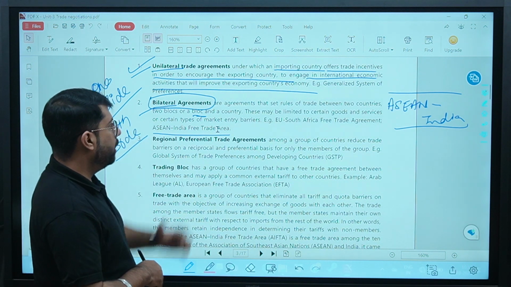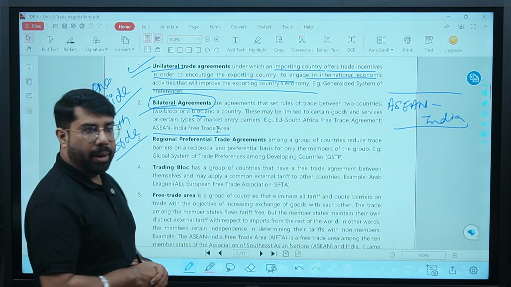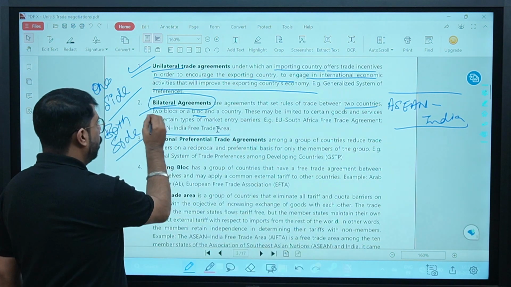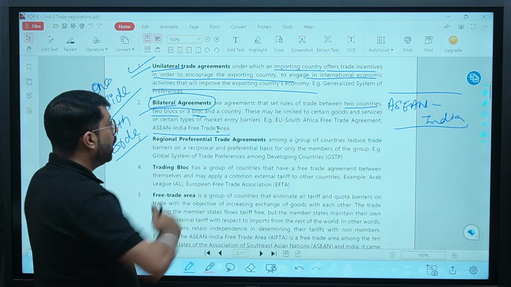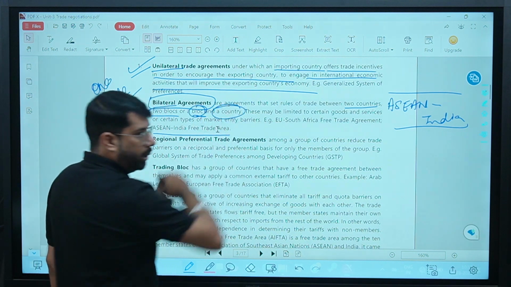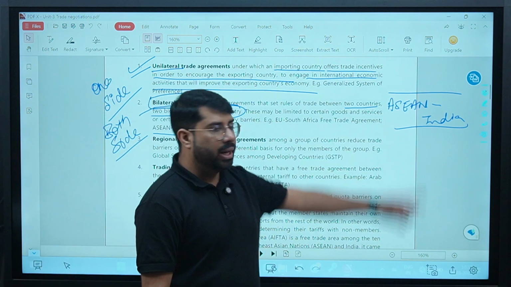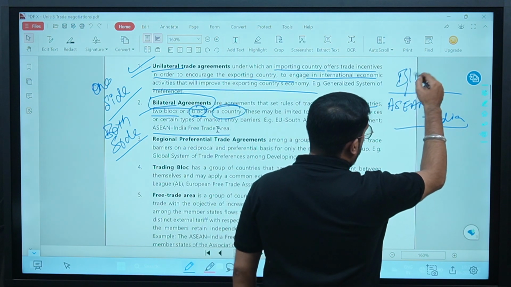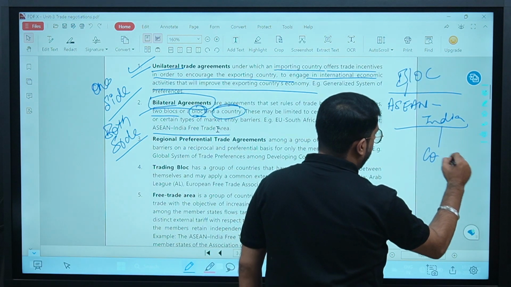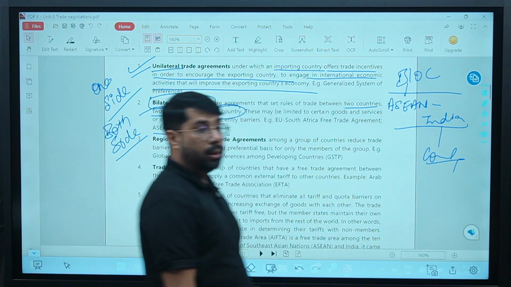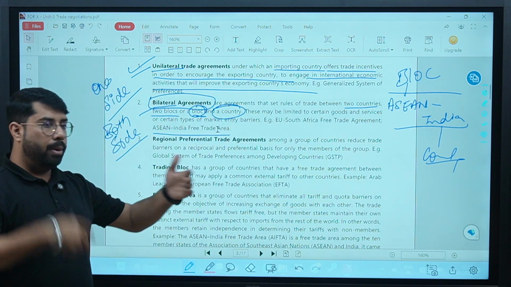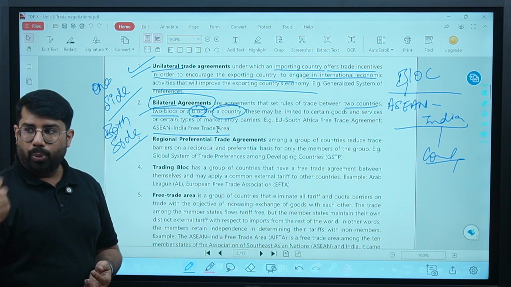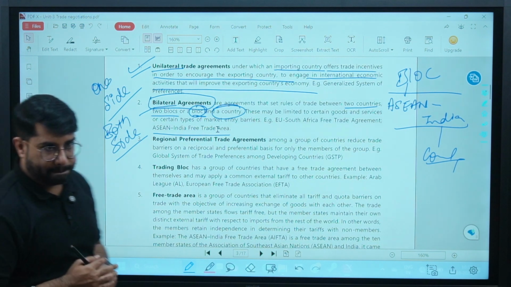So this bilateral agreement can be made between two countries, or two blocs, meaning two associations, or one bloc and one country. Like if I give you the example of ASEAN and India, this is a bloc and this is an individual country. So you can make this agreement between two blocs, or two countries, or one country and one bloc. Are you clear?